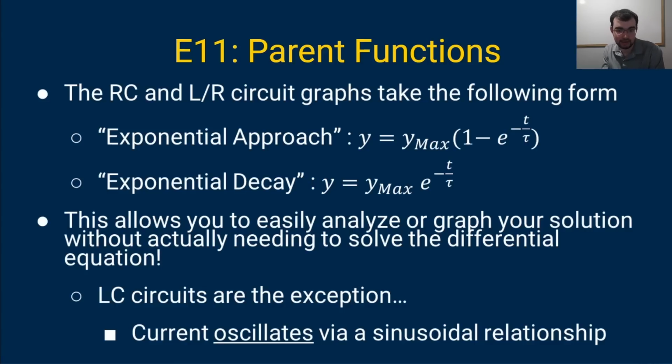Then there's exponential decay, so maybe it starts at 12 volts and goes down. The only circuit graph that doesn't look like this with inductors or capacitors is if you combine inductors and capacitors, and then you get that LC circuit, and unfortunately it might be over for us if that shows up on the free response. But that's the one that oscillates as a sinusoid.